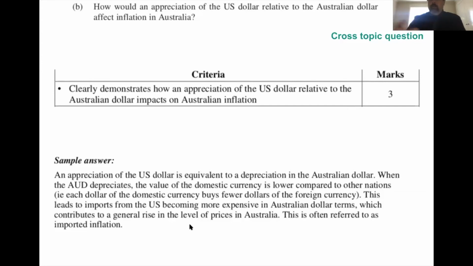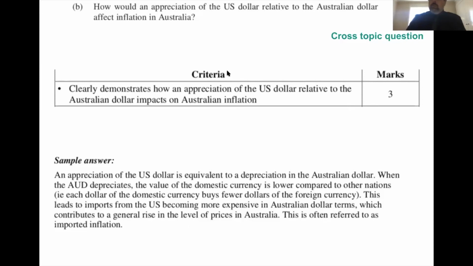So we've got a bit of a background to the concept of an appreciation in the dollar. This leads to imports from the US becoming more expensive in Australian dollar terms, and contributes to a general rise in the level of prices in Australia.